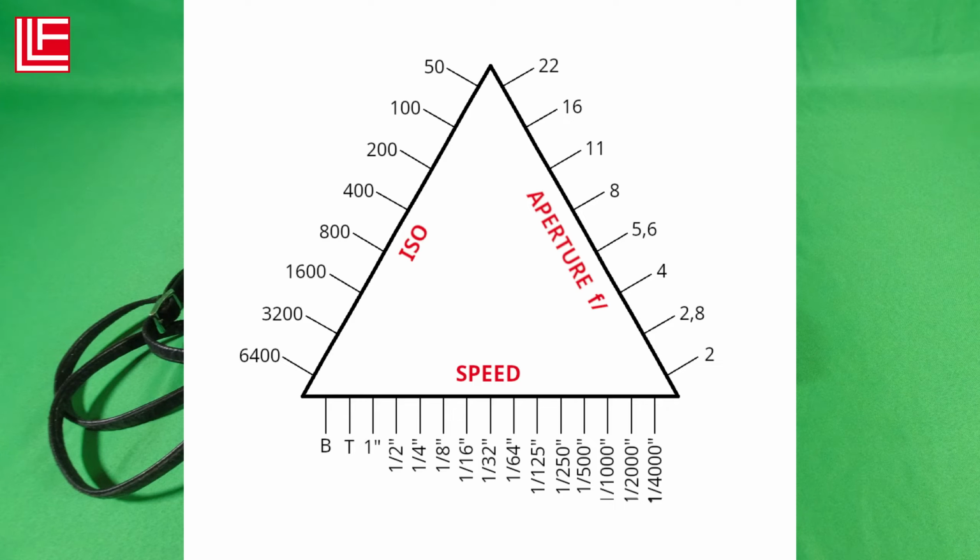Then we go to the speed, and the speed, as you can see here in the image, goes from bulb, T time, and then up to 1/4000th of a second. These values are in fractions of a second. They are very fast.